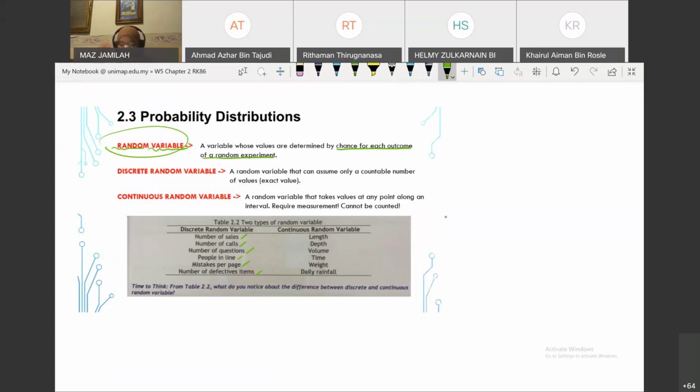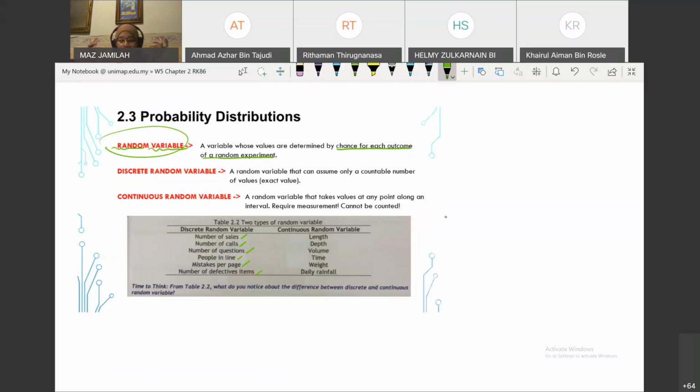Okay, exact value again. Mistakes per page. If you are looking at a page of paragraphs, for example, a page of sentences, what are the things that you are referring to? A typo mistake, for example. Any typo is considered a mistake.